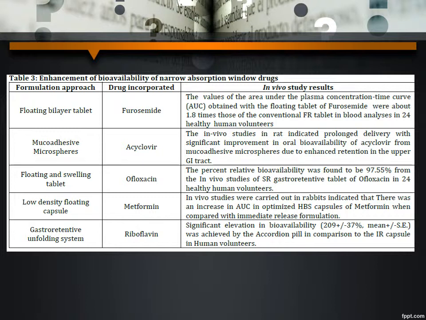So here are examples of enhancement of bioavailability of narrow therapeutic window drugs. For example, you can have floating bilayer tablets for furosemide, mucoadhesive microsphere for acyclovir, floating and swelling tablet for ofloxacin, low density floating capsule, or gastro-retentive unfolding system, for example riboflavin.